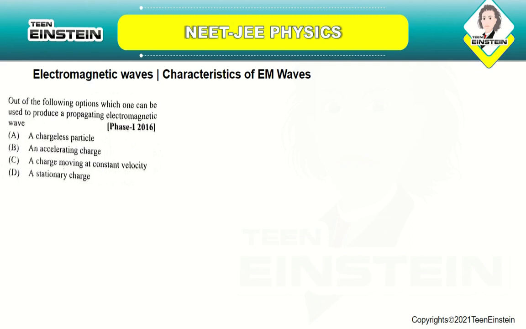Due to the acceleration of the charged particles, the electromagnetic waves are being produced. So the correct answer is option number B, an accelerating charge. It's a direct question, you can simply choose the answer as accelerating charge. Let us now move on to the next question.